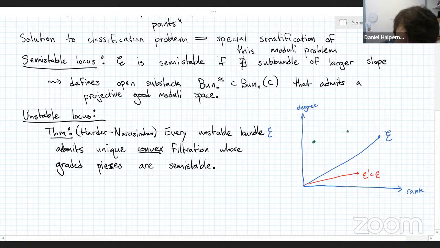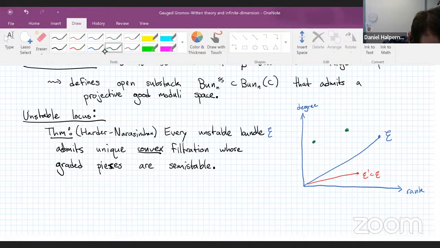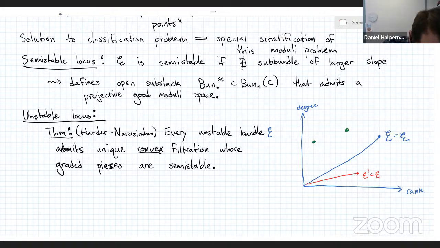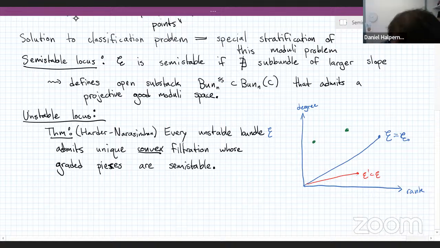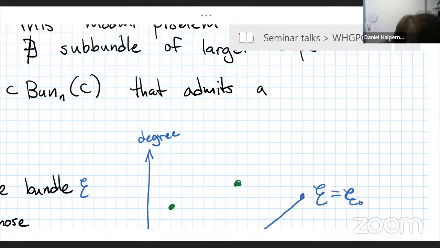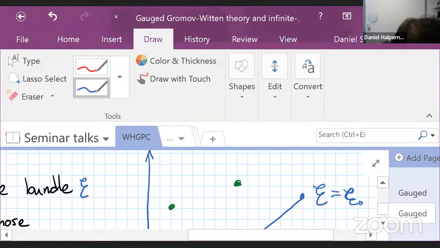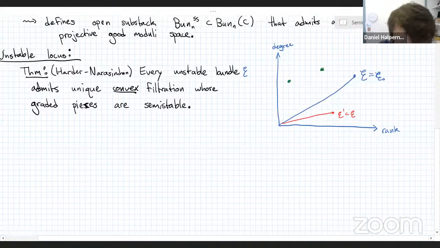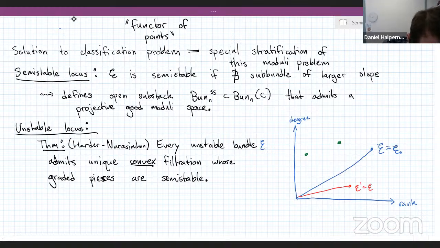what I mean by convex filtration is this. In this example, I call E, E naught, and just for the sake of having something visual, let me draw.